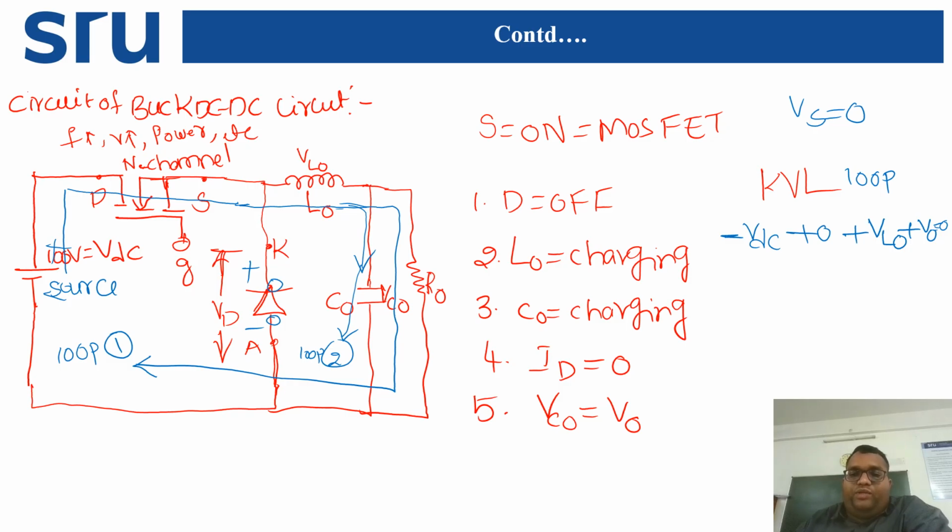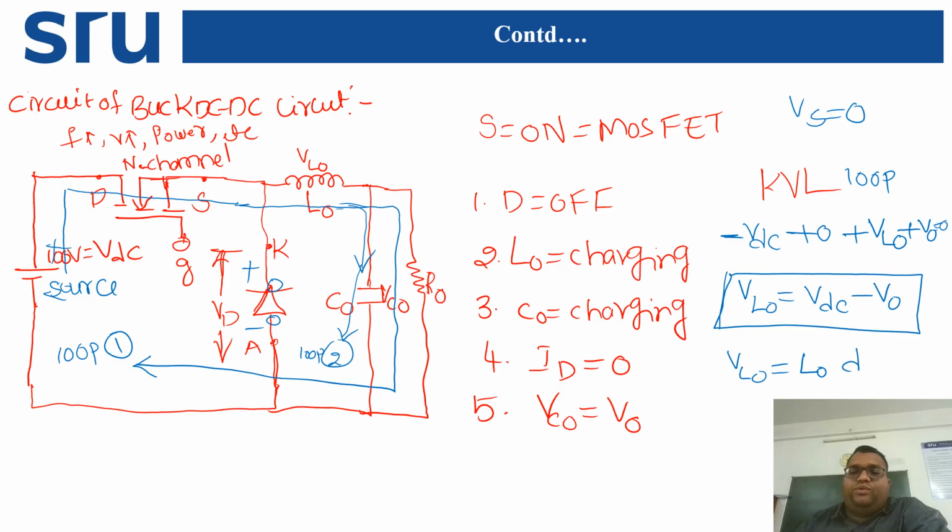Now coming to loop 1, what is the inductor voltage? VL0 is equal to VDC minus V0. So under switch on condition, this is the output voltage which we have observed. From this, we can write VL0 is nothing but L0 into di0 by dt.